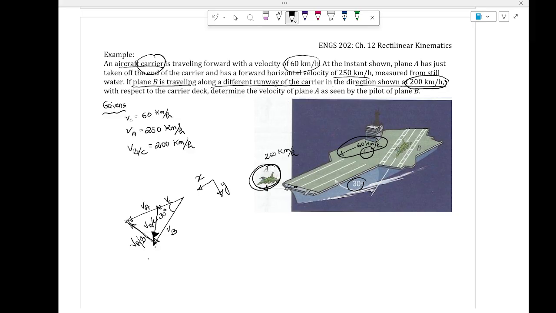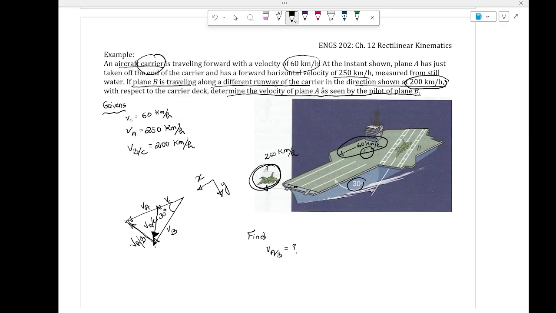So that's velocity of A with respect to B. Okay. All right. So if you understand everything I drew over there, find VAB. Determine the velocity of A as seen by the pilot of plane B. So that's what they're asking. Find VAB. Is it clear to everyone?